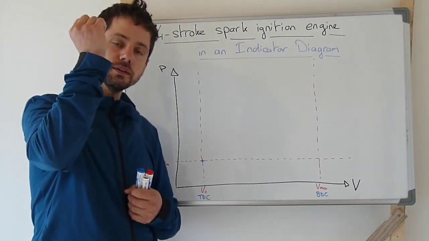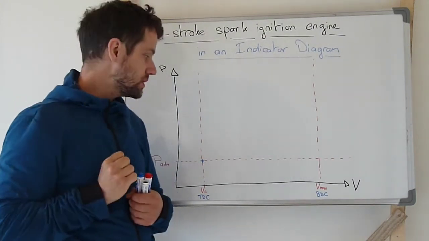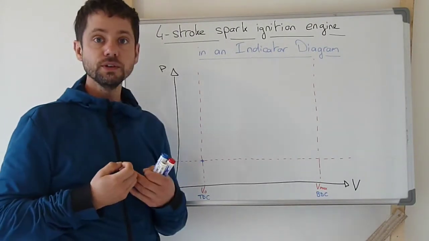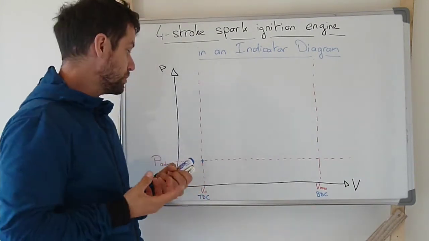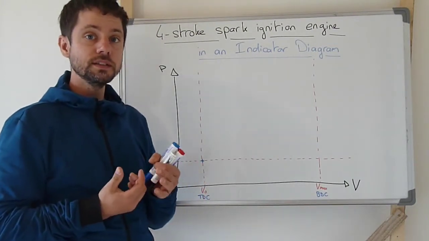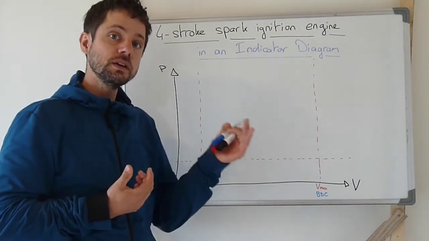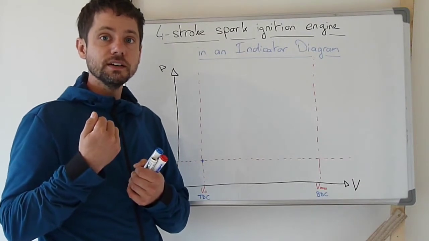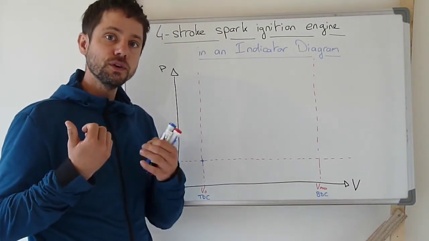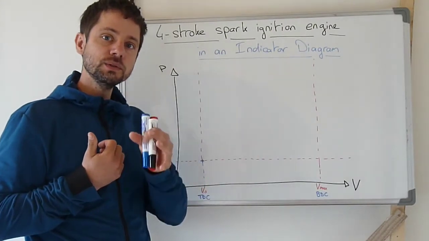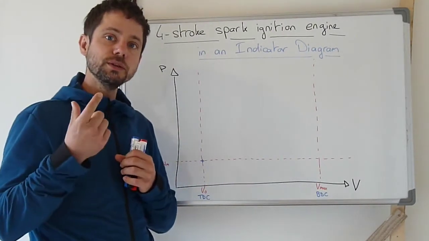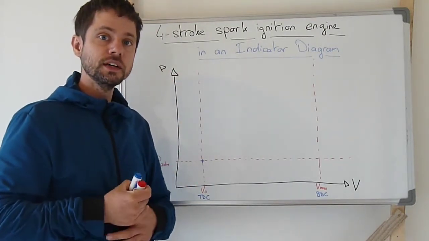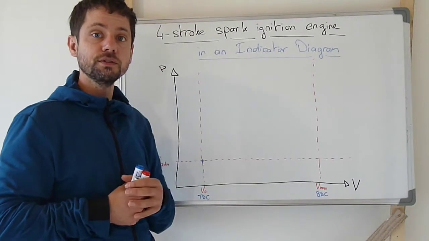Then the piston is moving downwards. When it's moving downwards, it's increasing the volume, so it's called volumetric expansion, and this volumetric expansion tends to decrease at the same time the temperature and the pressure. But due to this pressure decrease, it will also cause flow from the admission line to the cylinder that will equilibrate, so the pressure difference will equilibrate with the pressure losses we have, especially at the admission valve.